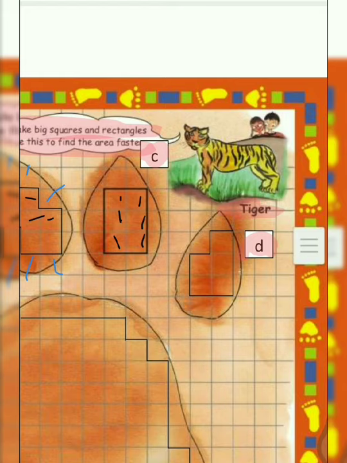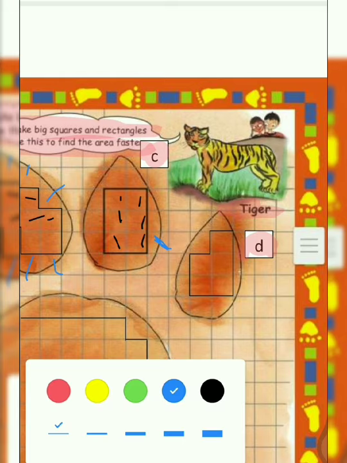Then, how many half squares are there? Number of half squares. This is not a half square. Only one half square is there. This one is a half square. Pay attention, this is not a half square, it is more than half. Okay, so only this one is half.